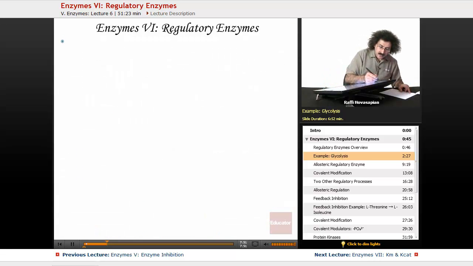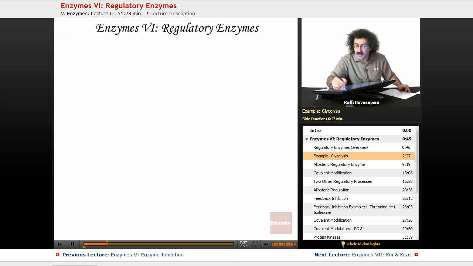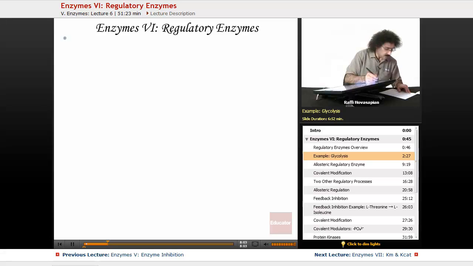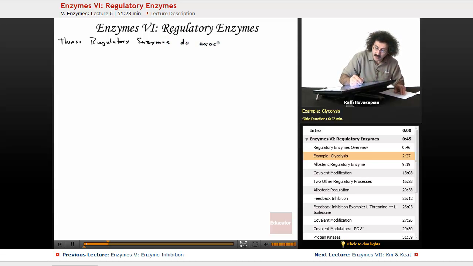So these regulatory enzymes do exactly what they are named for.